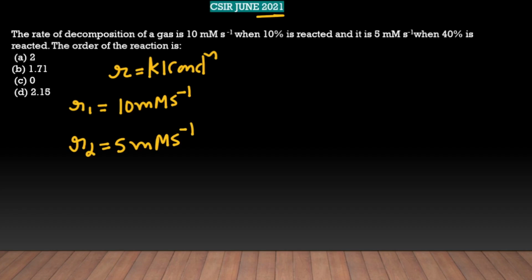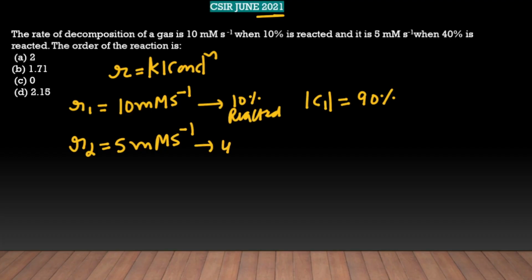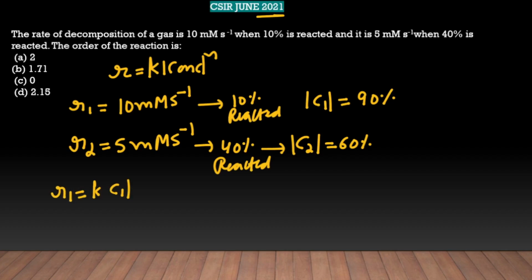R1 is when it is 10% reacted, so the remaining concentration C1 will be 100 minus 10, that is 90%. Next, it is 40% reacted, so the remaining concentration C2 will be 60%. So the rate R1 is equal to K times C1 raised to the power of n, and R2 is equal to K into C2 raised to the power of n.